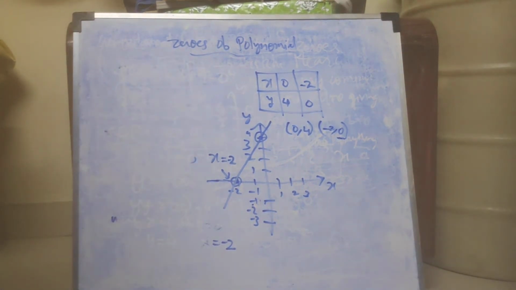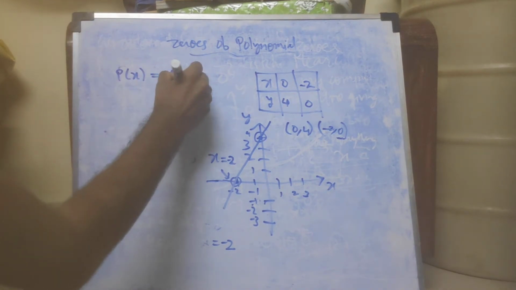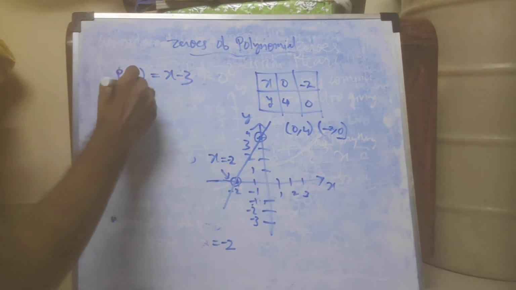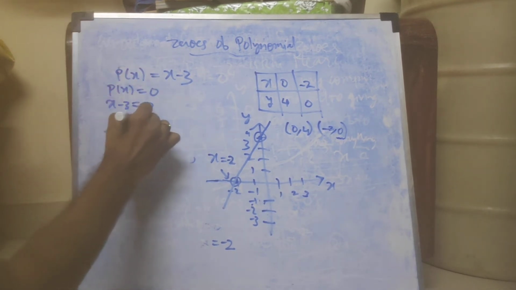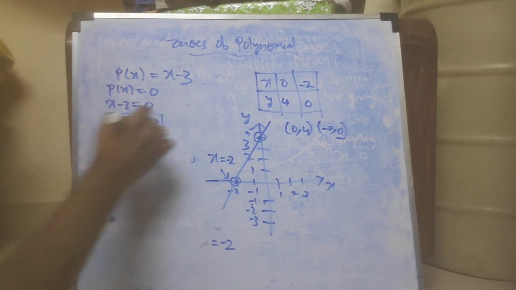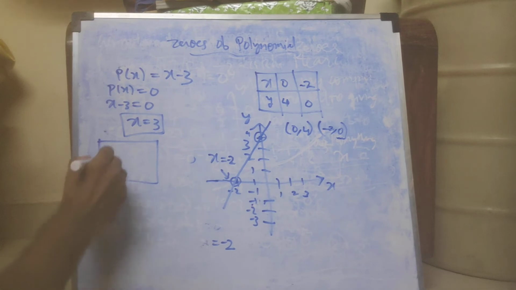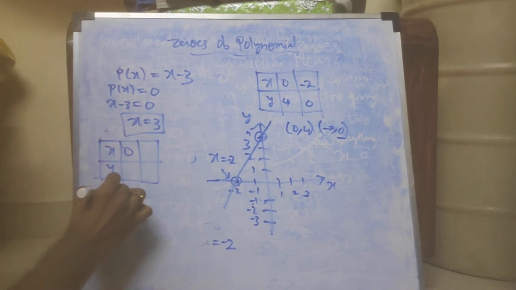Now take the polynomial p of x equal to x minus 3. It's again a simple polynomial. How do I find the zero? Equate p of x to 0 and find the value of x. x minus 3 is equal to 0, so x equal to 3 is a zero. Now if I plot this function in the graph, it is represented as y equal to x minus 3.